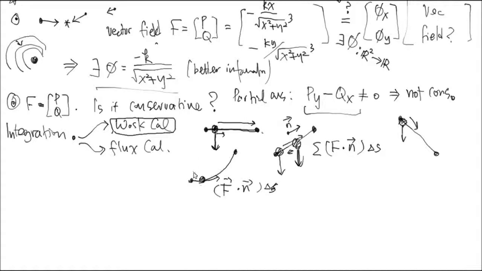So we use parametrization. Miraculously, I'm not going to go through it in detail, this is approximately the same as this force vector field times the derivative of that parametrization times delta t. Okay?